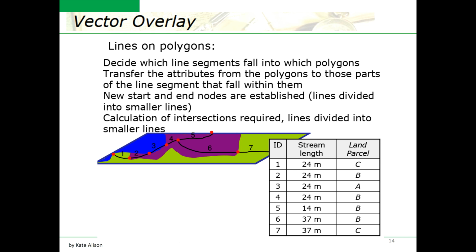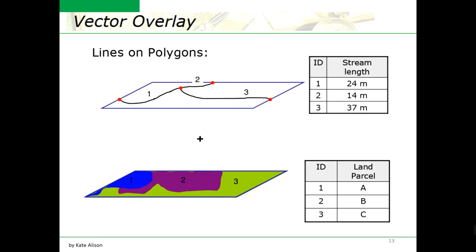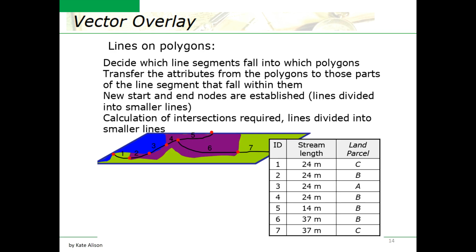If you see here, we have in the initial layer only three segments, but due to this overlay, each overlay with each of the polygons produced a new line segment, and the stream length would be assigned to each of these lines.